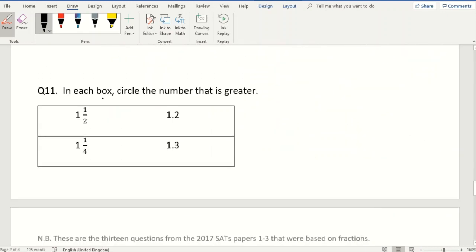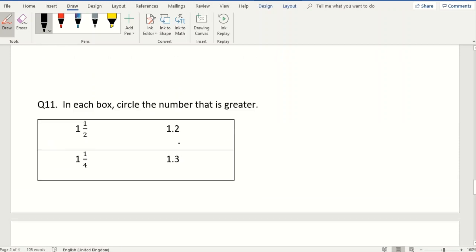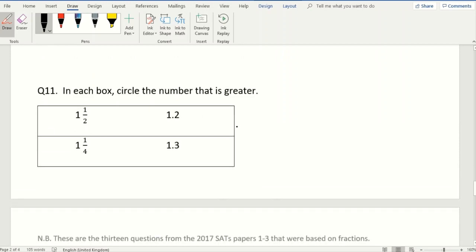Okay, so this is the last question, although sorry, it goes on to the other page. Right, in each box circle the number that is greater. Okay, so you can see you've got decimal numbers and fractions, so convert them so that they are exactly the same.